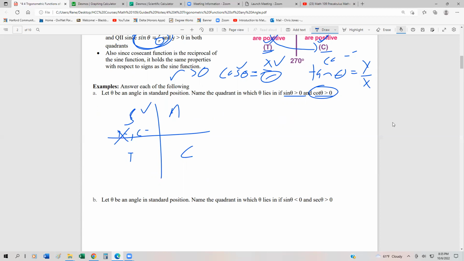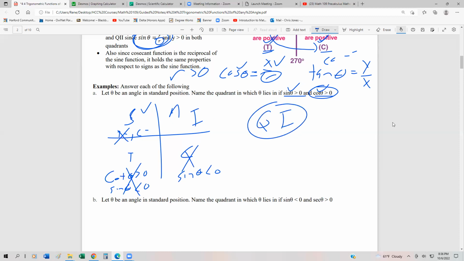In quadrant 3, the tangent function is positive, so the cotangent of theta is greater than 0, but the sine of theta is less than 0 in quadrant 3, so it can't be that one. The only one it could be is quadrant 1, and that makes sense because both of those are positive. So it will be quadrant 1.